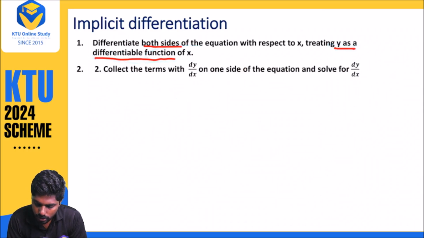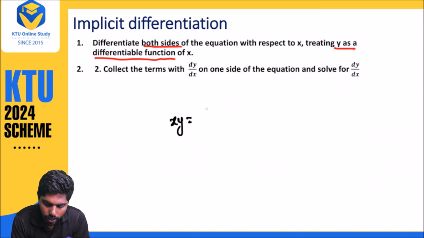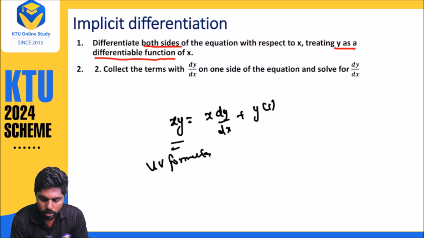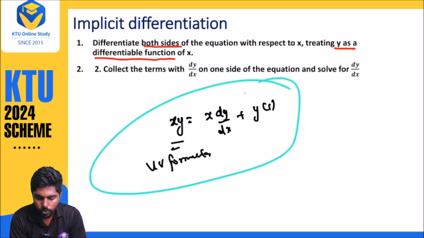That is why we write xy as x into dy by dx plus y into 1. So this is the reason it becomes a uv formula.